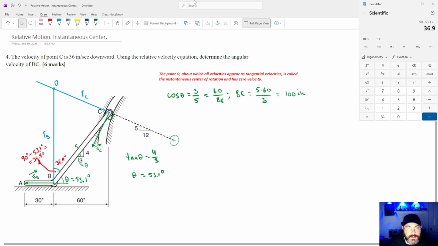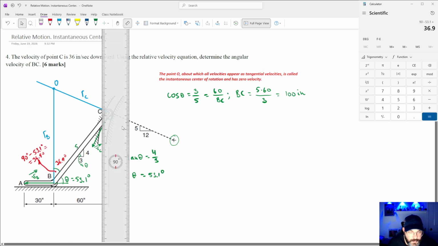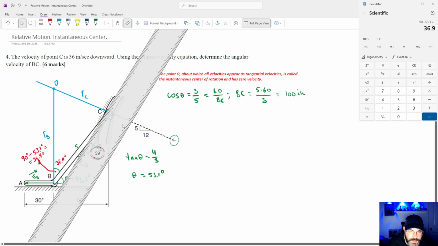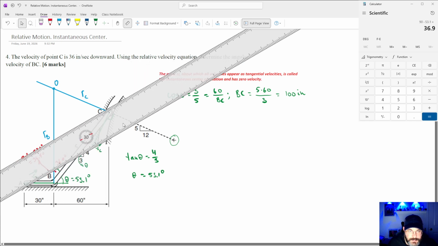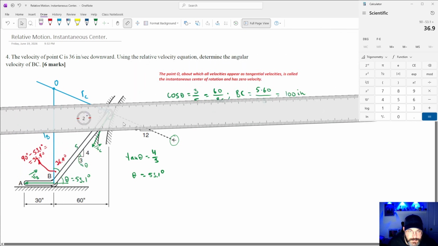Okay, so I'm just extracting all possible geometrical facts, and then we will discuss why this instantaneous center is important.